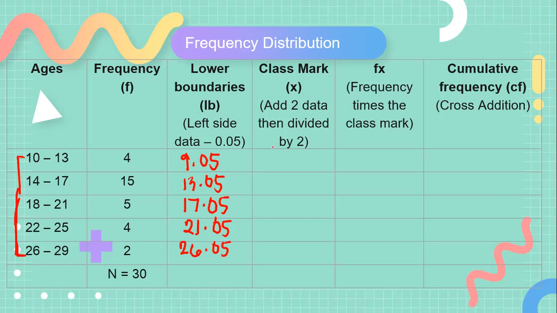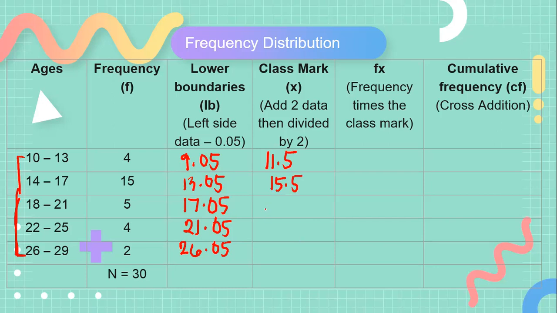Now, our class mark. To get the class mark, add the two data, then divide by 2. So 10 plus 13 divided by 2 is 11.5. Now 14 plus 17, then divided by 2, is 15.5.